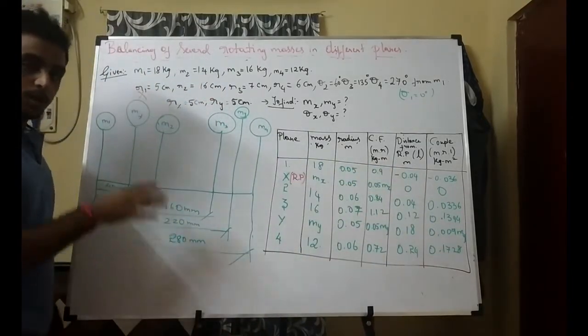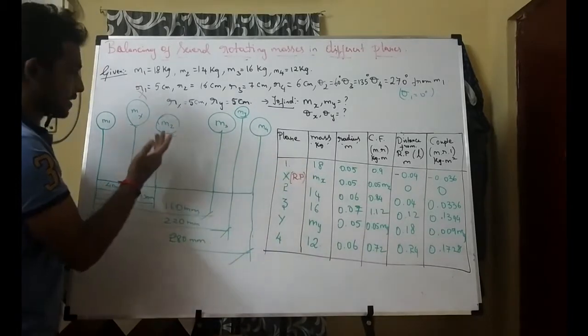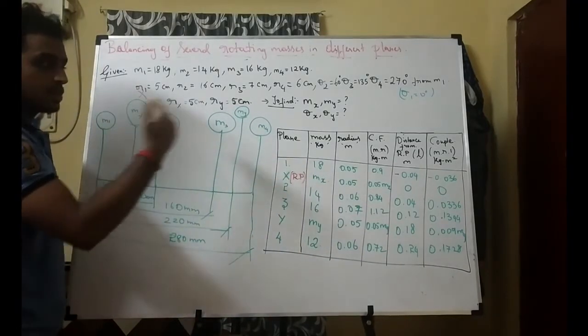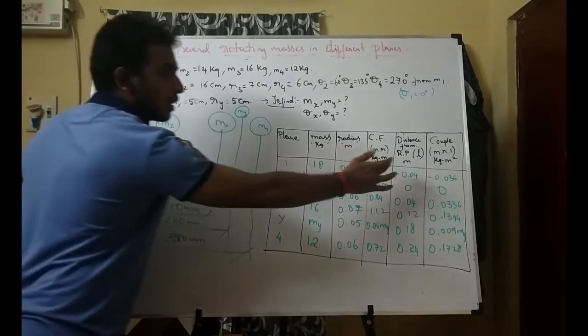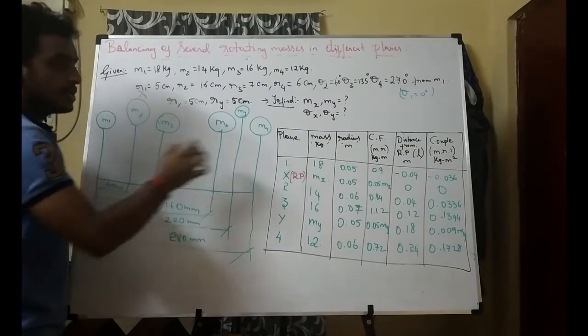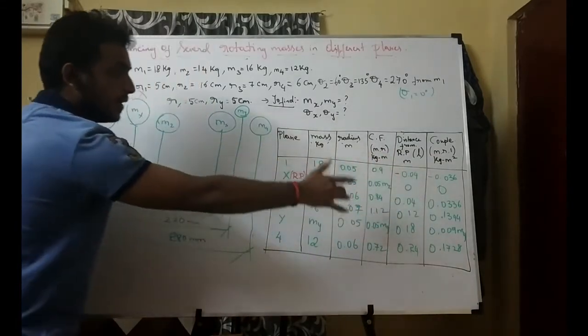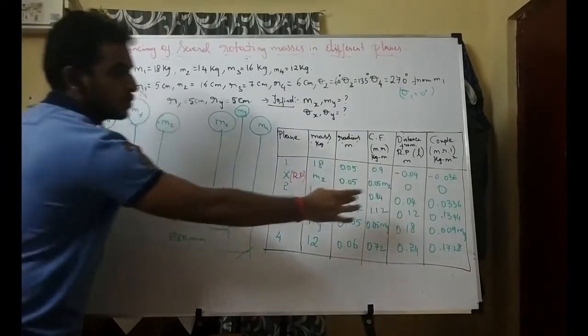This is applicable to all problems. Whatever mass is located in the left-hand direction with respect to the reference plane, we have to give the negative notation. So the distance of m1 from the reference plane x is minus 0.04 meter, and the distance of mx from itself is 0.